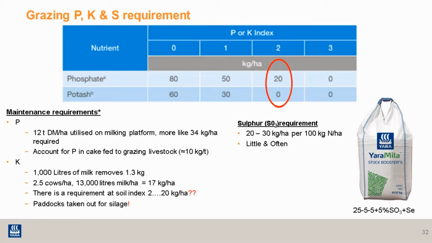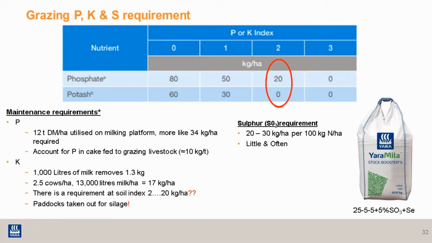I have some notes here on maintenance requirements. If you're at index 2, you only need to apply maintenance, so you just keep topping up what the animals are removing by way of milk and live weight gain. That 20 kgs is very much down to the offtakes and how much grass you're growing.